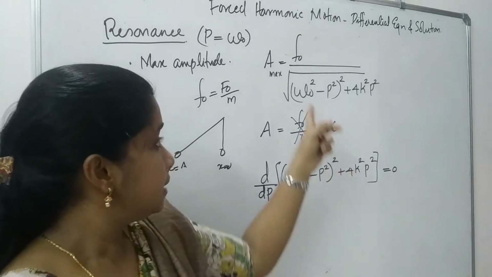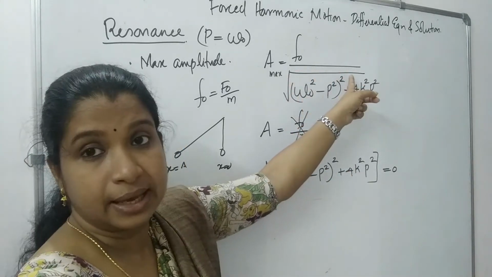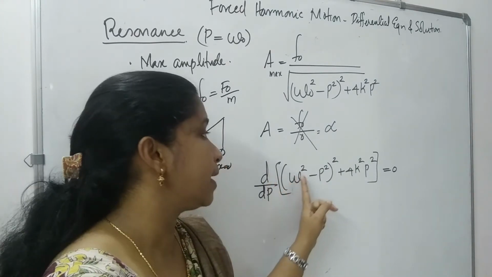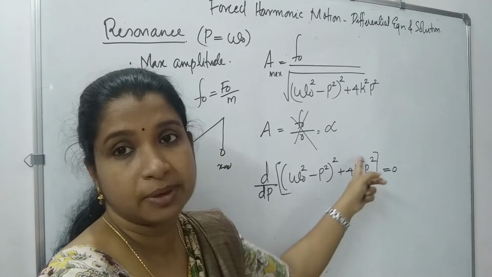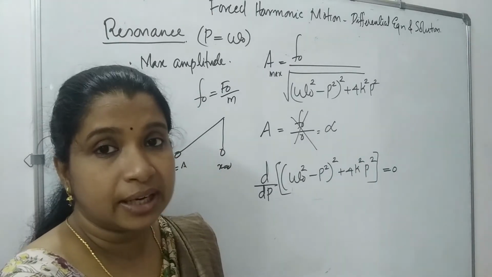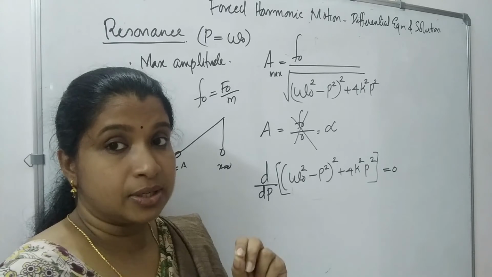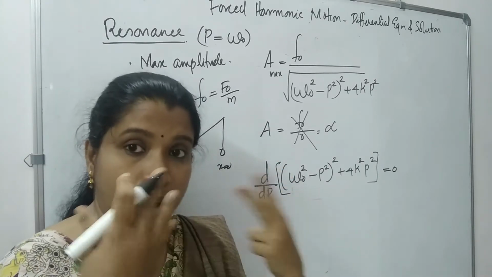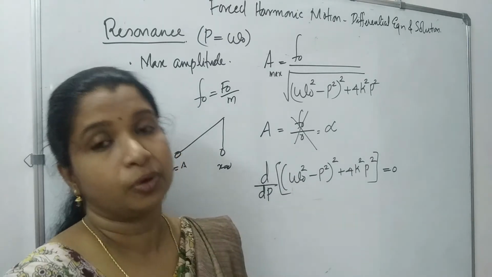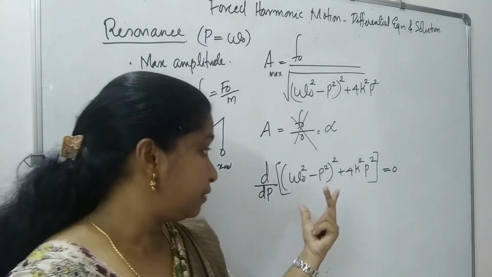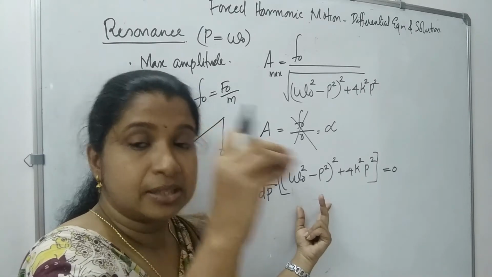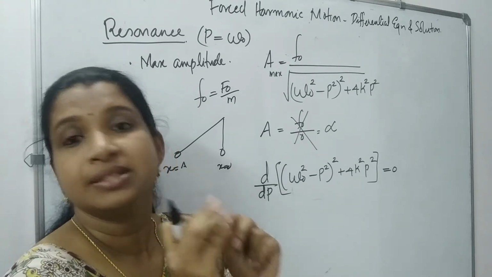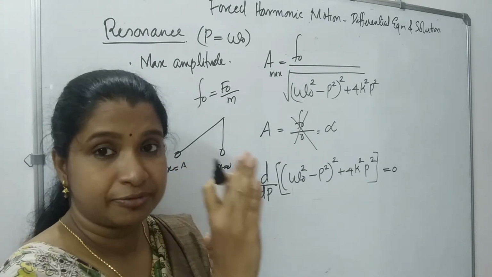Here one root is there, but we write this term as d by dp of (omega 0 square minus p square) the whole square plus 4k square p square. Why do we neglect that root? Here we consider the minimum value of a function. If we square that function, or take its cube root, or take its cube, the point at which the minimum occurs is always the same.